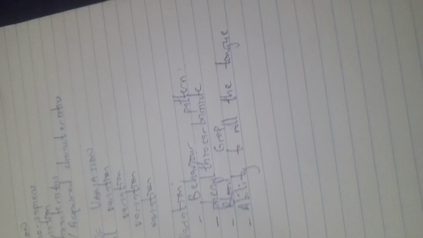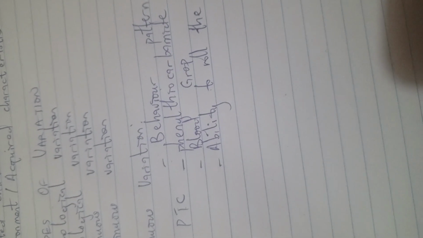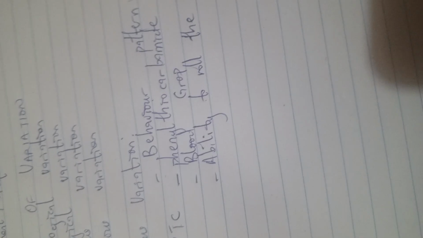If you look at behavior pattern, continuous variations are those that show transition from one extreme form to another. I made use of height, for example, growth of height. So behavior pattern does not transit from one form to another. So it is a discontinuous variation.